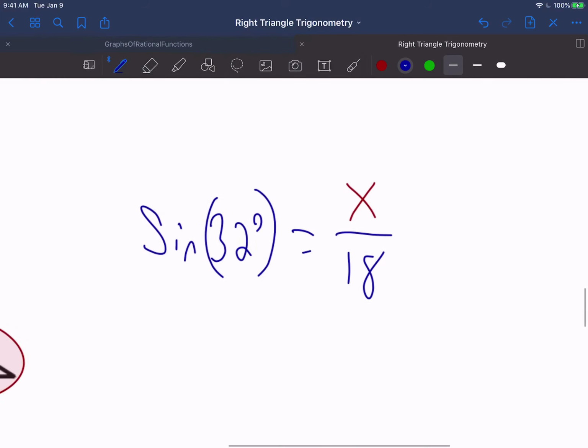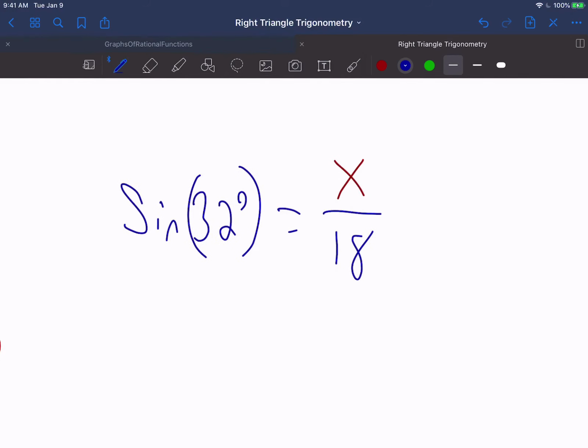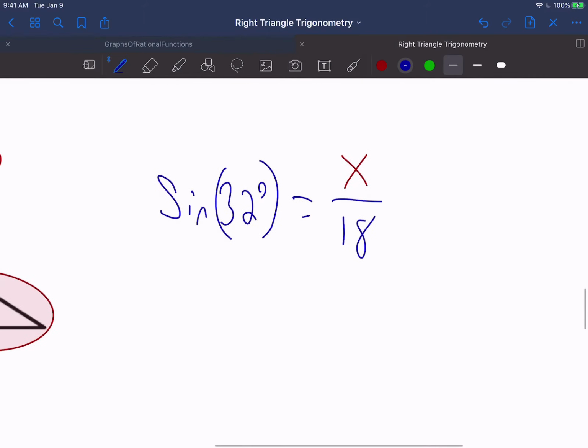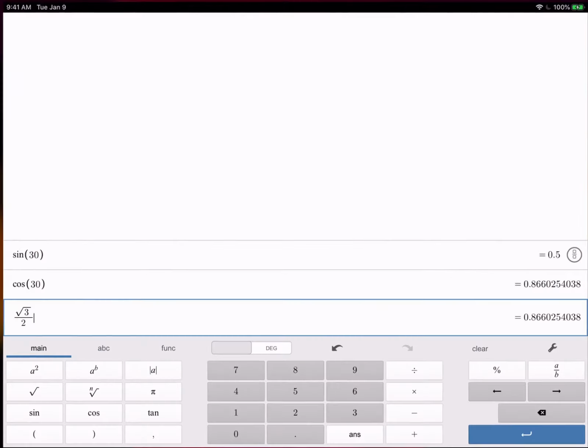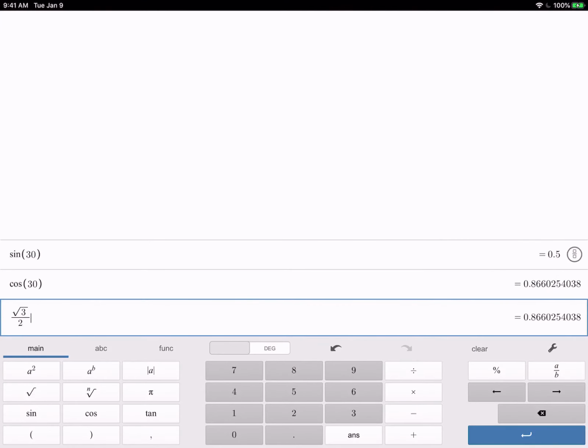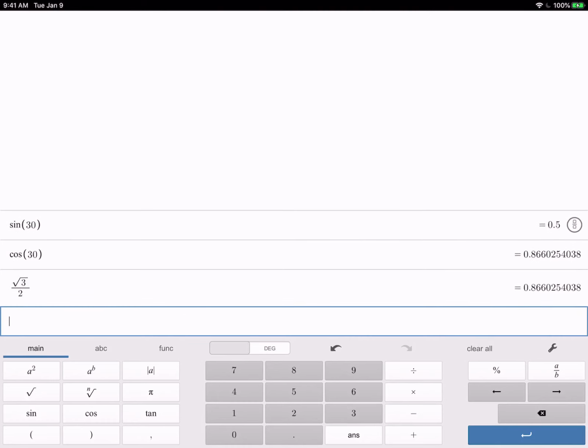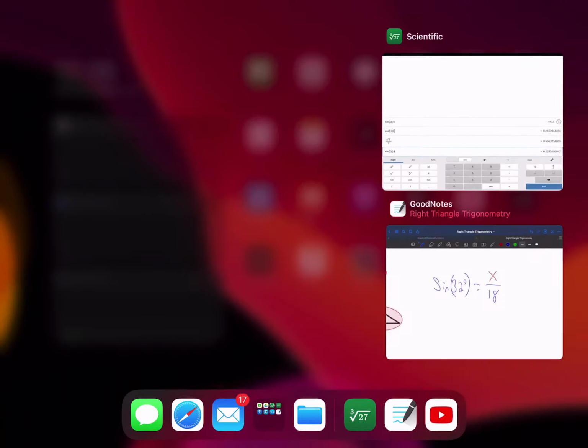So let's focus on sine of 32 over here. So we know the sine of 32 is equal to x over 18. Great. Well, I'm going to come over here and figure out what the sine of 32 is. So I'm going to go sine 32. Okay, that's equal to 0.5299.